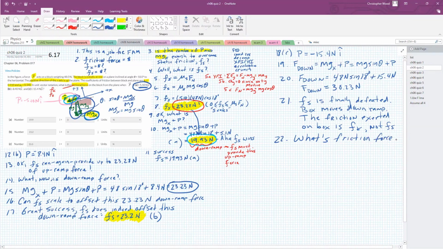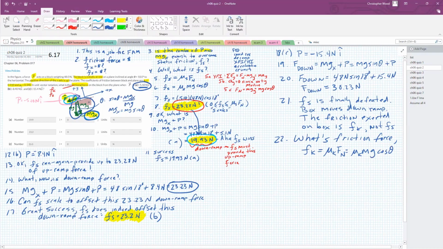The friction force is F sub K, because again, the box is moving. There's no more static friction. There's kinetic friction. F sub K equals mu sub K, the coefficient of kinetic friction, times F sub N. And we know that F sub N is mg cos theta. That's the answer.